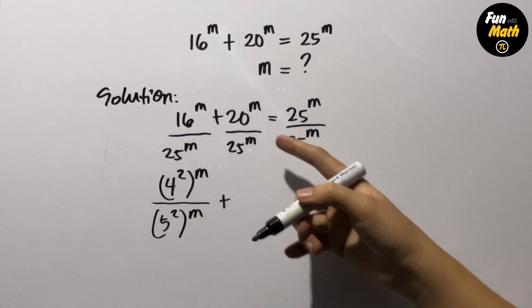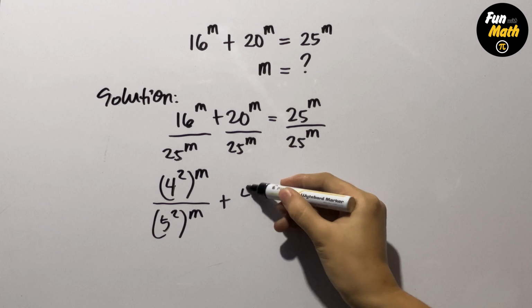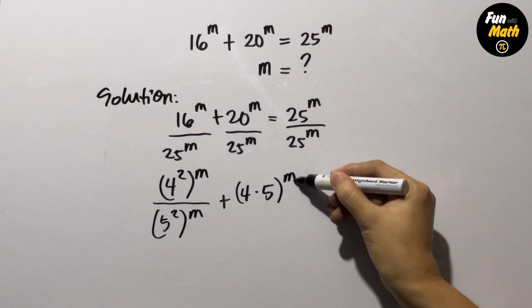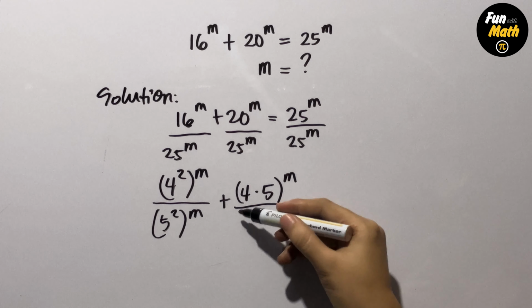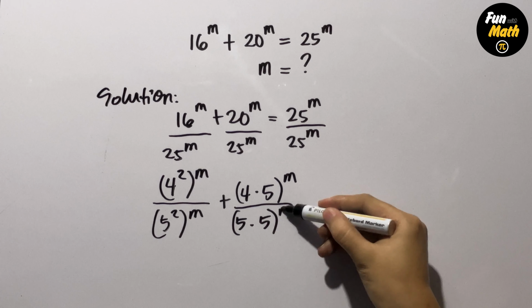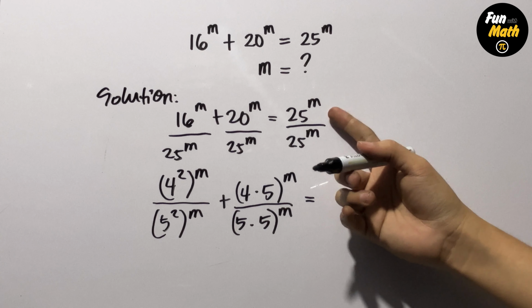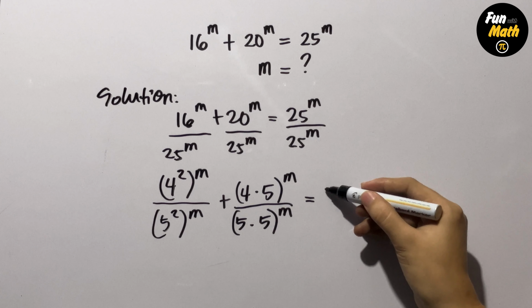And plus this 20, we can split this into 4 times 5 whole to the power of m over this 25, we can split into 5 times 5 whole to the power of m equals, now 25 to the power of m divided by 25 to the power of m is equal to 1.